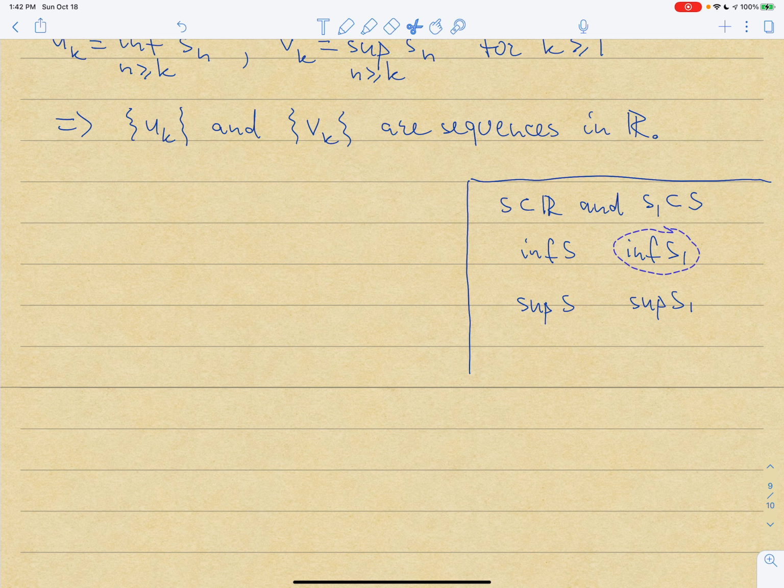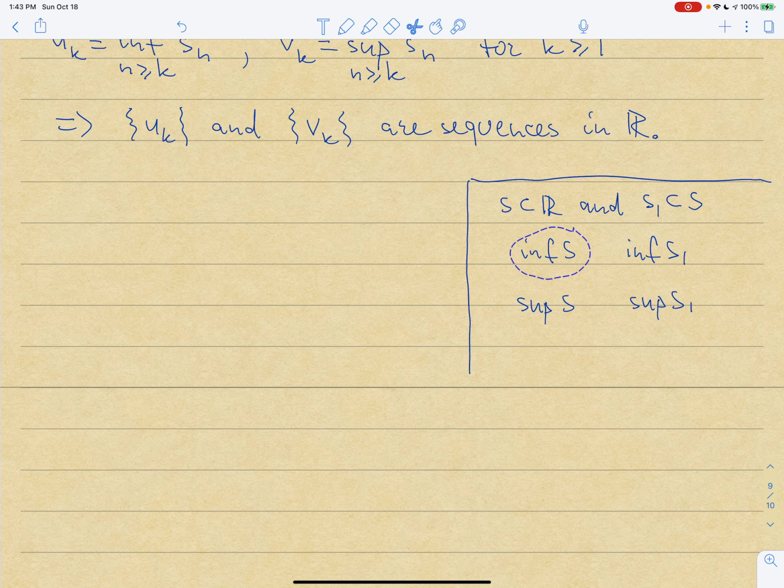So infimum of S1 is the greatest lower bound of S1. Infimum of S is the greatest lower bound of S. Now, what is true about S versus S1? S contains potentially more elements because S1 is a subset of S.